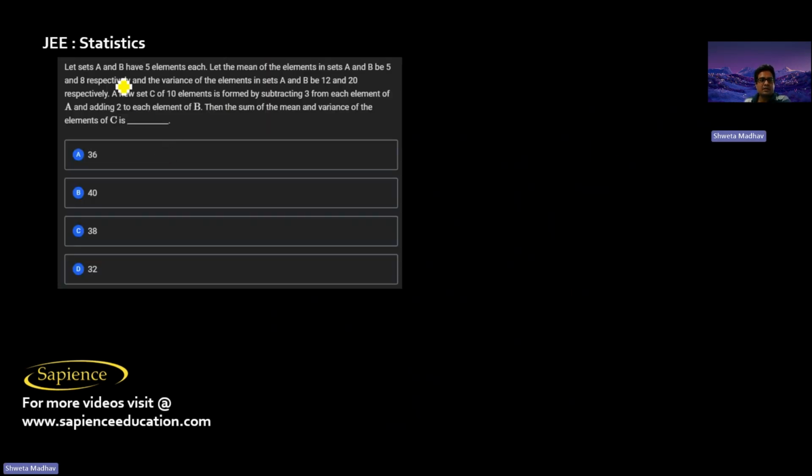Let sets A and B have 5 elements each. So the number of elements in A is the same as the number of elements in B, that is equal to 5. Let the mean of the elements in sets A and B be 5 and 8 respectively.